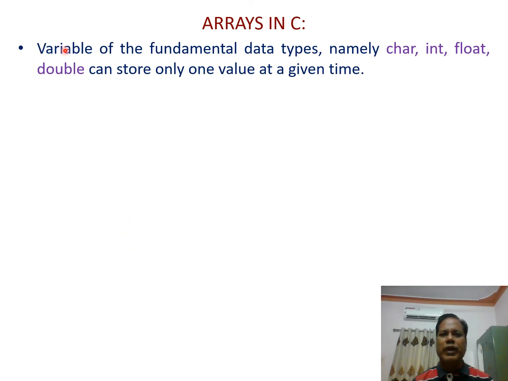We know that a variable of fundamental data types, namely character, integer, float, double, can store only one value at a given time. For example, int n; n = 25;.